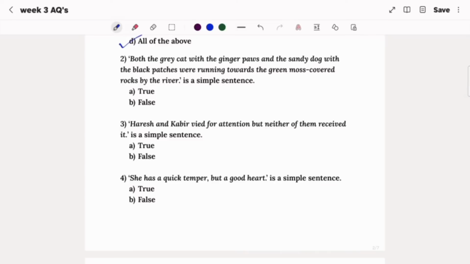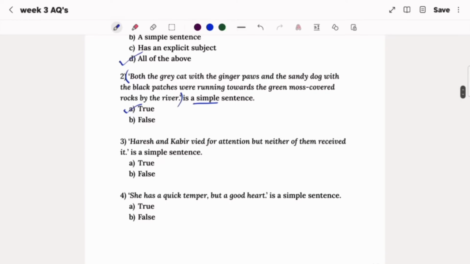Here, they are saying that this sentence is a simple sentence. So many of them, seeing the length of this sentence, choose the option false, but it is not. The answer is true. You may wonder, how is this a simple sentence? As I said, a simple sentence has nothing to do with the length of the sentence.